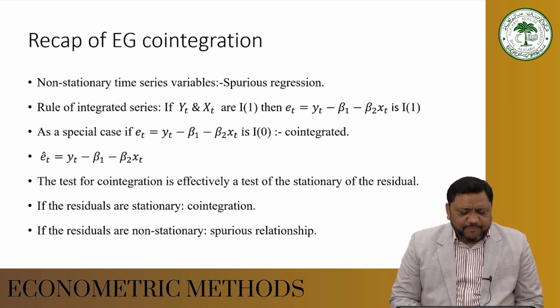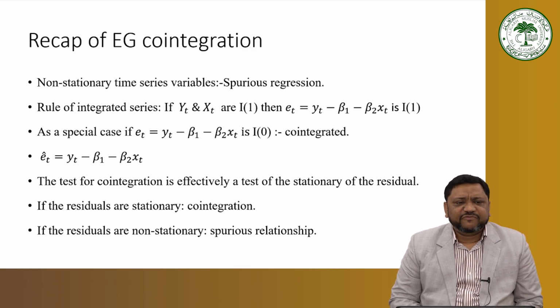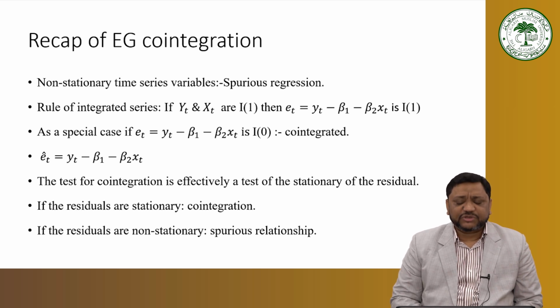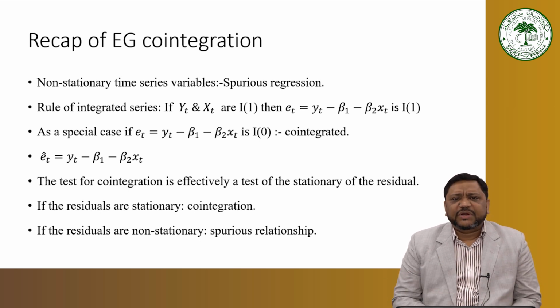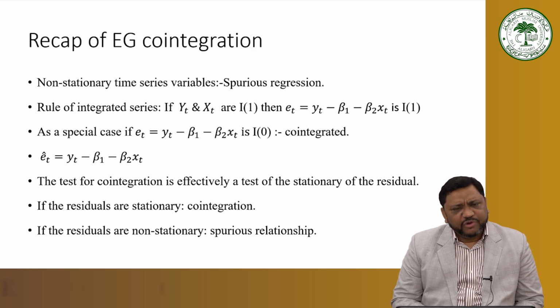So, a quick recap of the process of Engel-Granger. We have two non-stationary series. If we do simple OLS regression, the results would be spurious. There is a rule of integrated series which says that if two series are I(1), any linear combination of them will also be I(1).